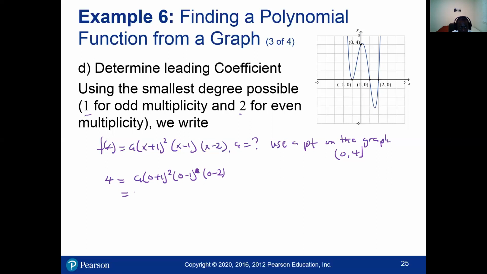So this gives us a times 1 squared is 1, times minus 1, and then minus 2. So this gives us 2a equal to 4. And therefore a is 4 over 2, which is 2.